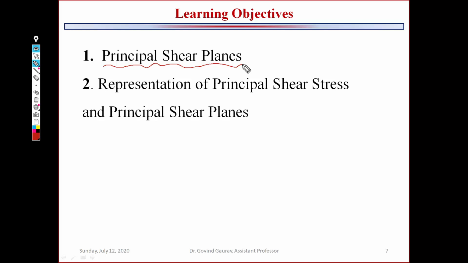Second, we have represented how the planes of the principal shear stresses are represented. We have seen that on those planes the normal stresses as well as the shearing stresses exist, and the planes are inclined at an angle of 45 degrees with the coordinate axes.